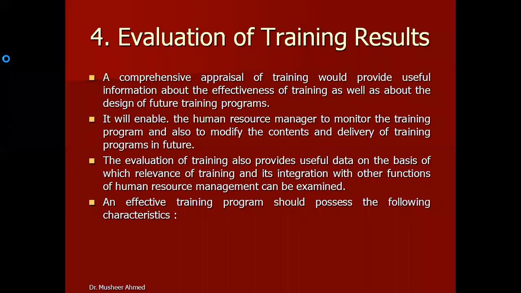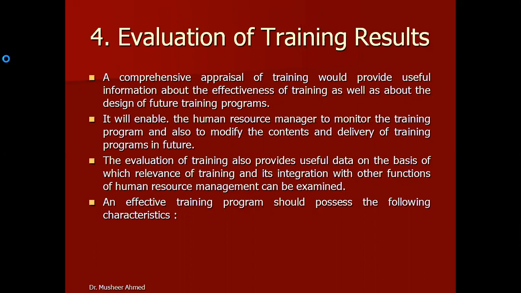Evaluation of training is also helpful in providing data on the basis of which you can understand the relevance of training and its integration with other functions of human resource.